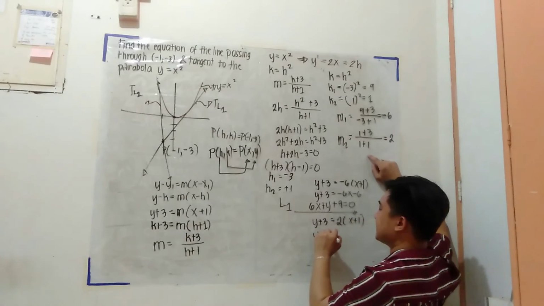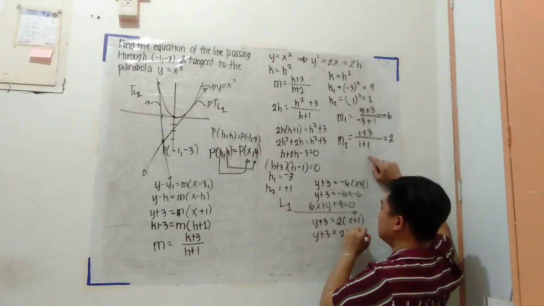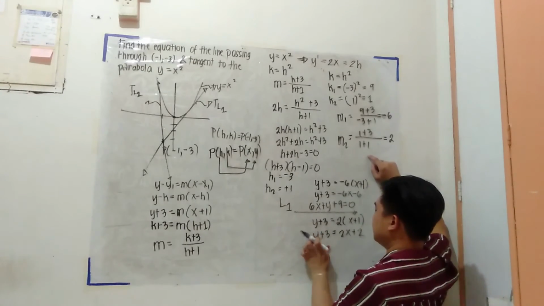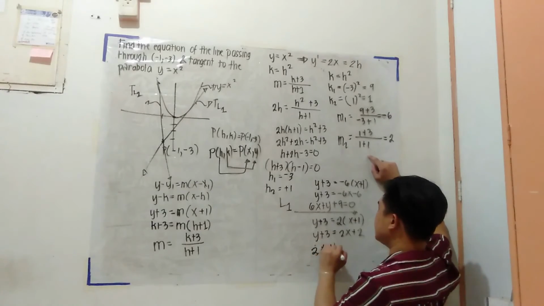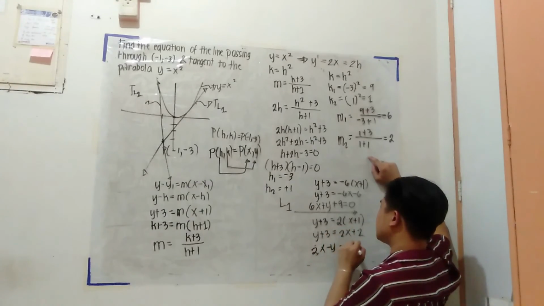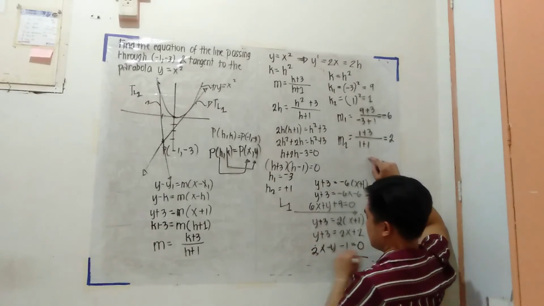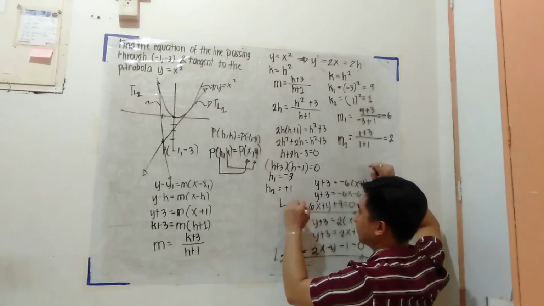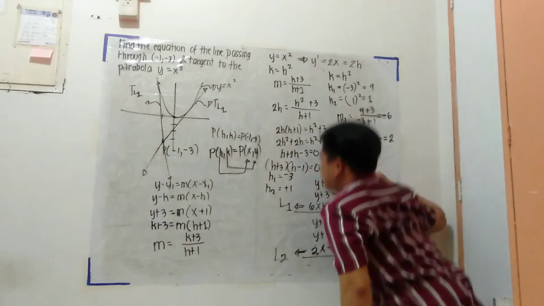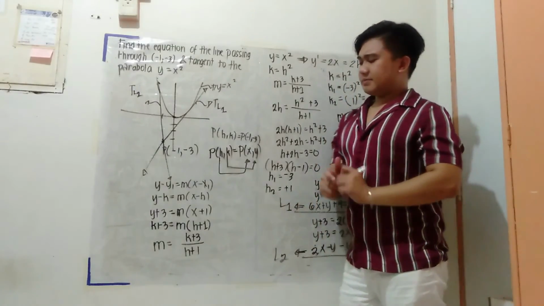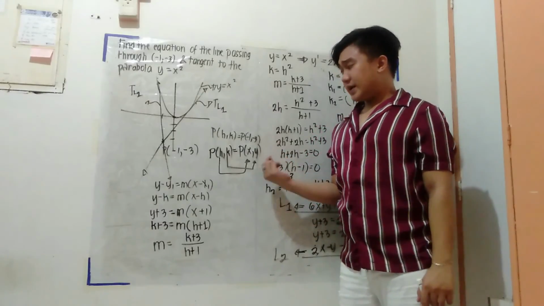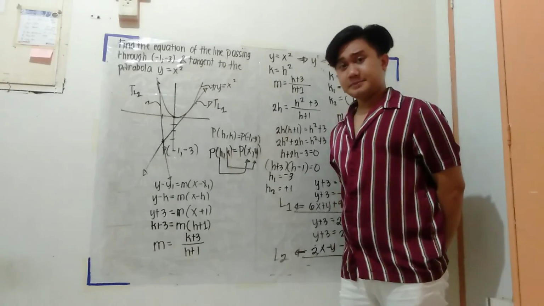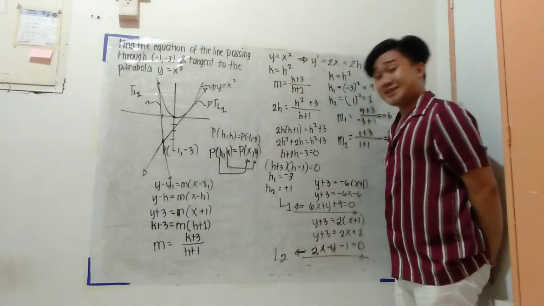So, y plus 3 is equal to 2x plus 2. This is 2x minus y minus 1 is equal to 0. And this is your equation for the line 2. Okay? So, medyo tricky, medyo mahirap maghanap ng equation, pero wag mo kakalimutan yung mga principles na yan. Okay? So, copy your notes.